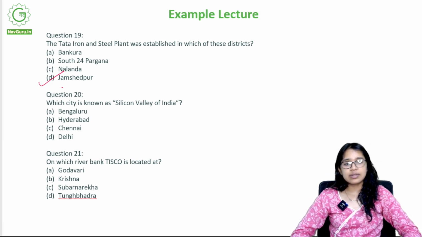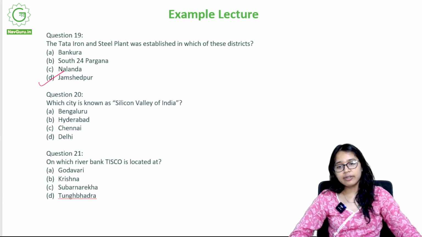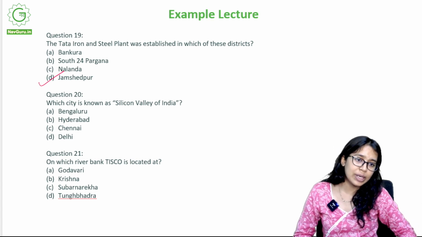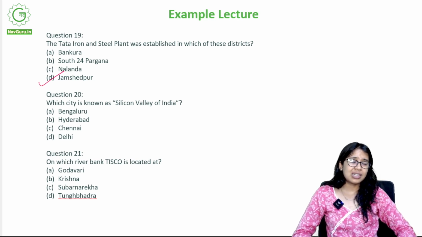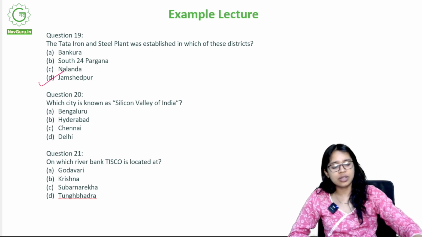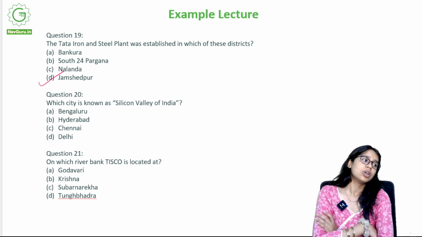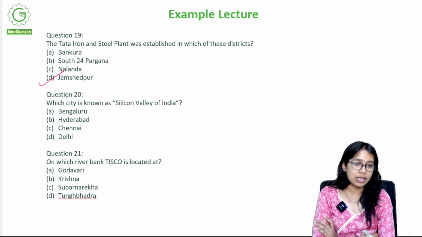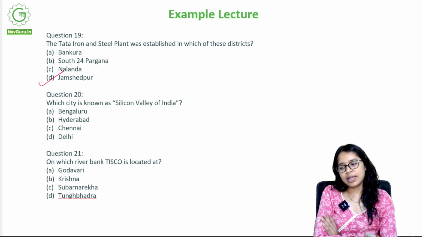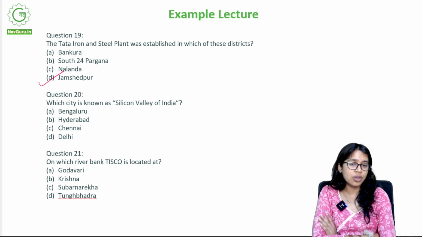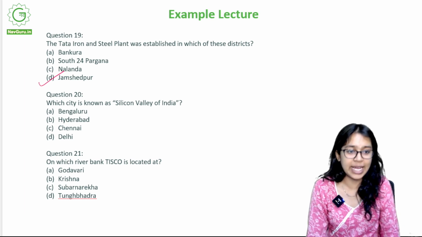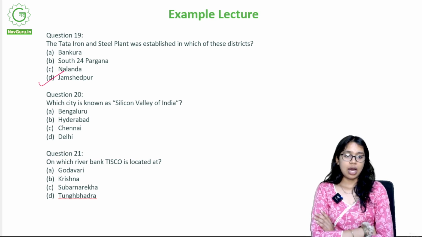Which city is known as the Silicon Valley of India? So Silicon Valley is located in USA and it's very famous. Why? Because it's one of the most clustered, one of the most crowded, and one of the most advanced industrial regions of the world, and that is where the main tech giants are located.